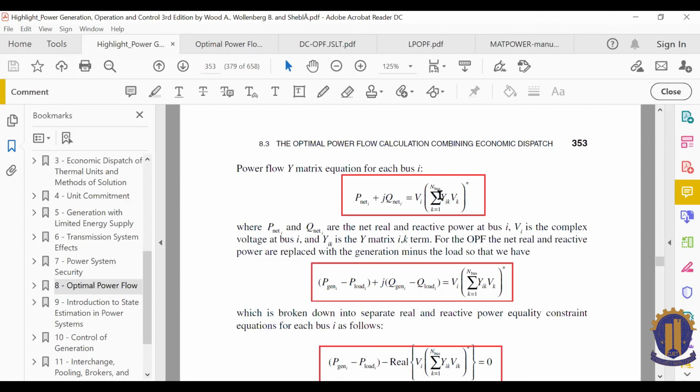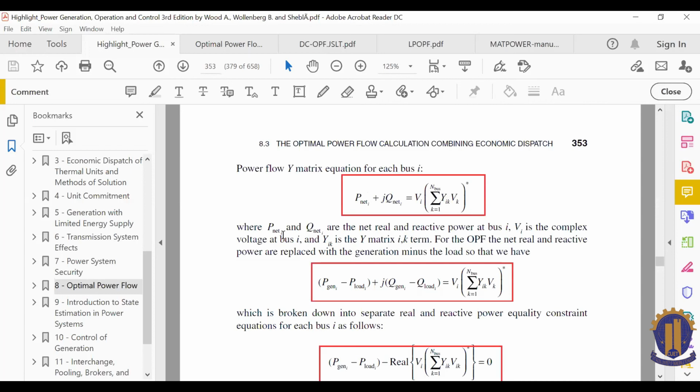If we consider the multiplication of these terms, this will be the apparent power. Apparent power is nothing but real and reactive power. There is a set of Y matrix elements here, YIK.